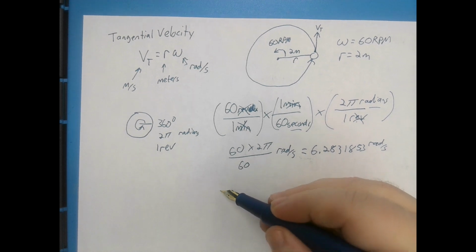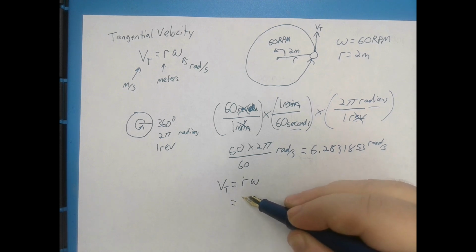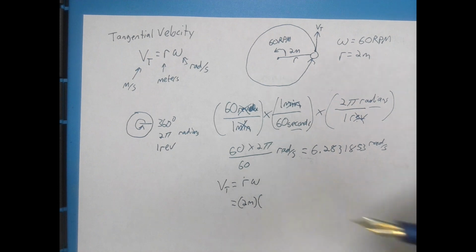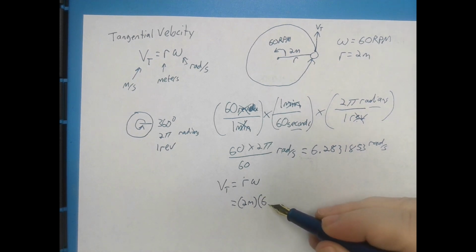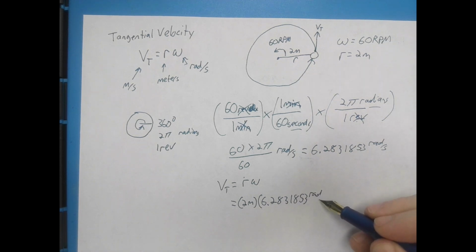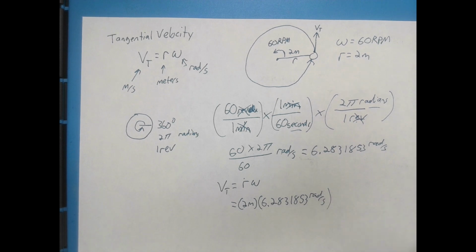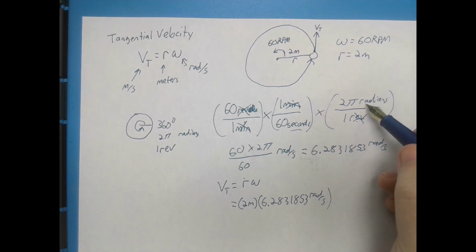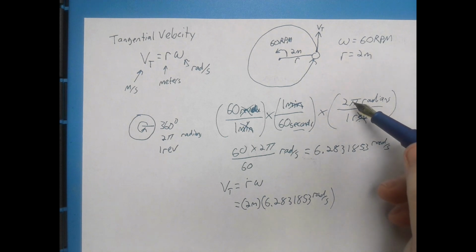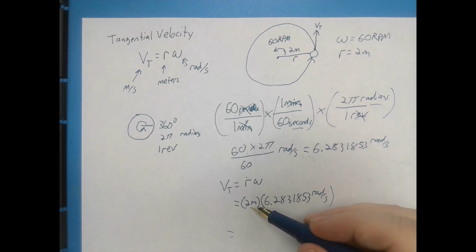And our equation is tangential speed is equal to radius times omega, so 2 meters times 6.2831853 radians per second. And remember I said radians is a fictitious unit. It's a meter divided by meter and cancels out. Usually we don't even write the word radians here. We usually just put in 2 pi or just not write the units, because when we do this, we end up with meters per second.